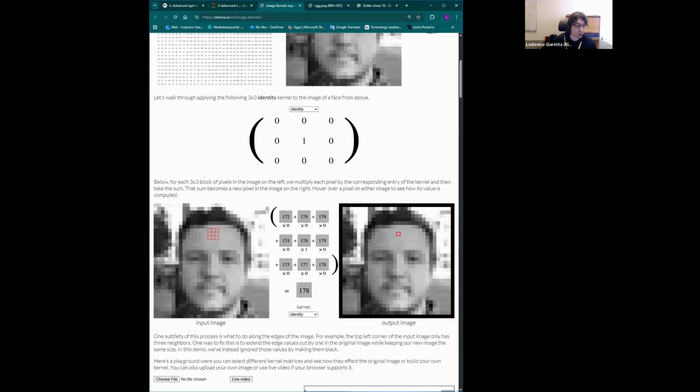And what we do in this kernel is we take the values of this neighborhood, of this chunk of pixels, and we combine them in some way to get the output.